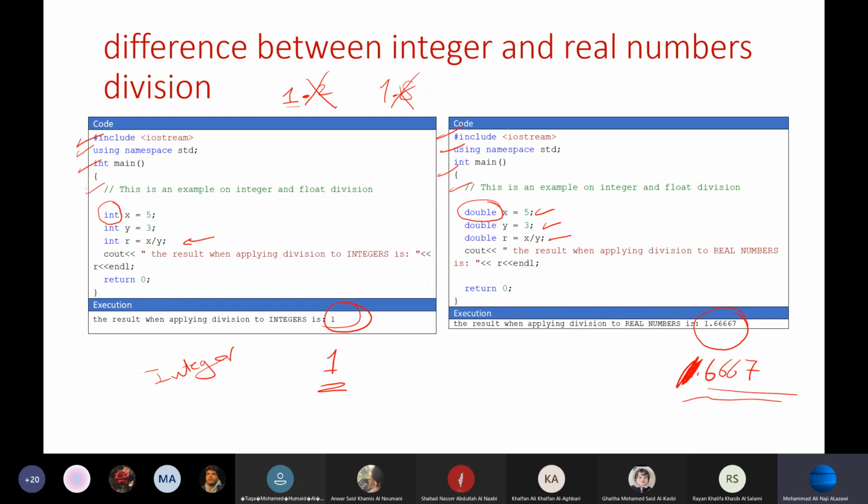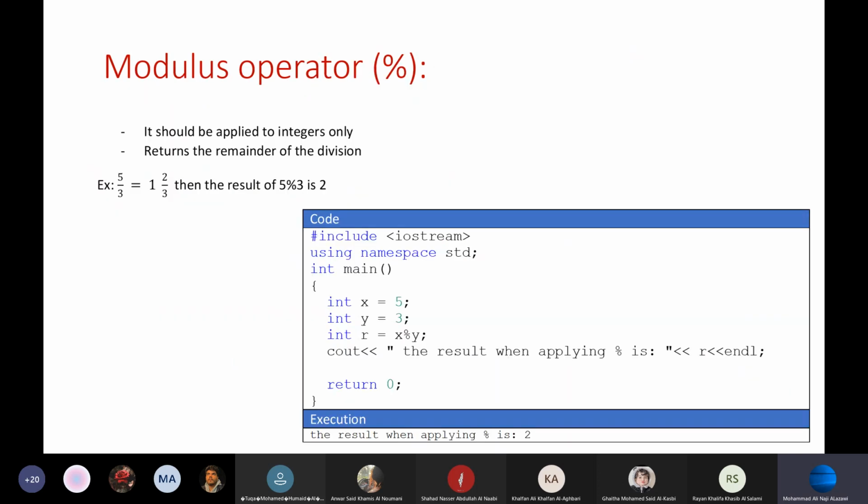Okay. If you don't have any questions, then let's go to the mod operator, which is very important, and we explained it in the previous lecture. We'll explain it again here. First of all, you have to be aware this should be applied only to integers. You cannot apply the mod operator to double or character or other types.